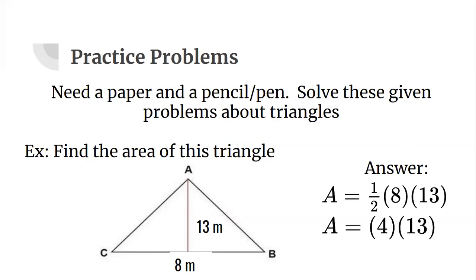Since I didn't want to multiply 1/2 by everything at the end, you can multiply 1/2 anytime you want. So I decided to multiply 1/2 to 8 and got 4. It should be 4 times 13. And when you multiply 4 times 13, you should get area equals 52 meters squared.